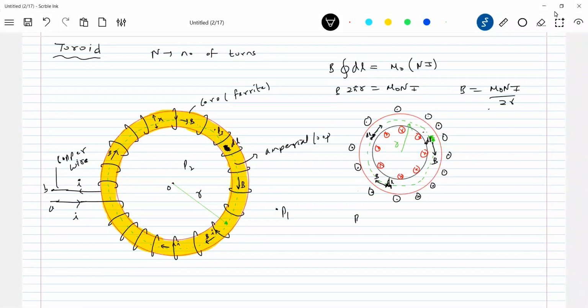What about the field at P1? 0. Field at P2, 0. Field at P3, non-zero. They may test you with questions like this. Of course, you know, but you must analyze with Ampere's circuital law. When the Amperian path comes here, the net current enclosed will be 0, that's why the field is 0.